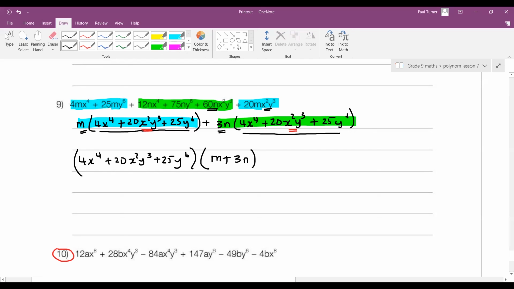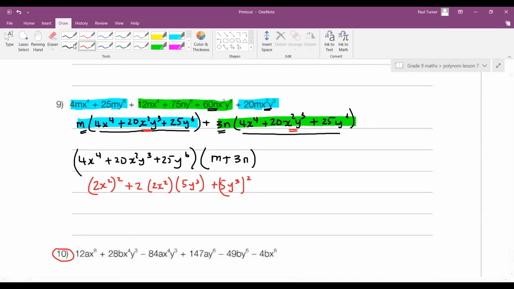But now you know you can factorize this more here. So we've got about 5 minutes, so I'll show all the working. So 4x4 would be 2x squared, all squared, plus 2 times 2x squared times 5y cubed, plus 25y6, so that would be 5y cubed all squared.